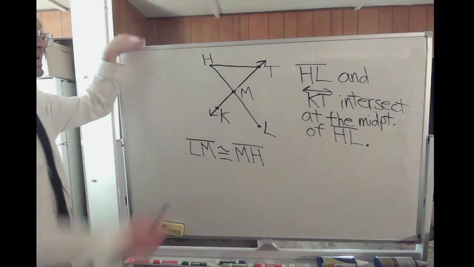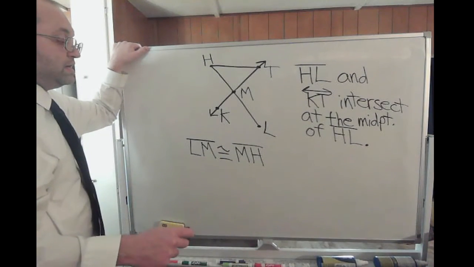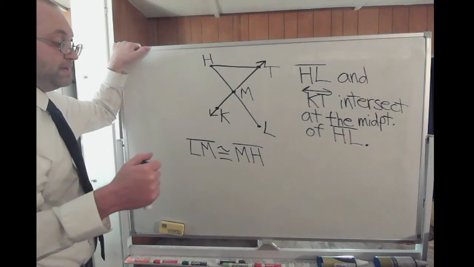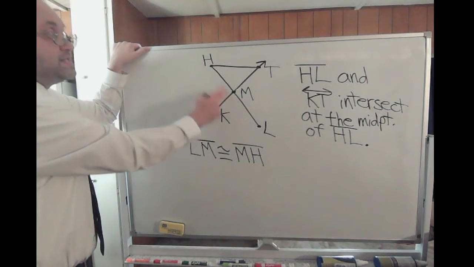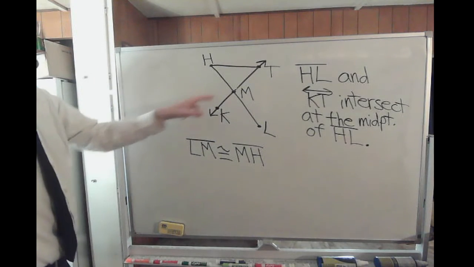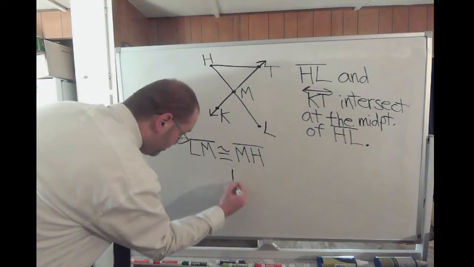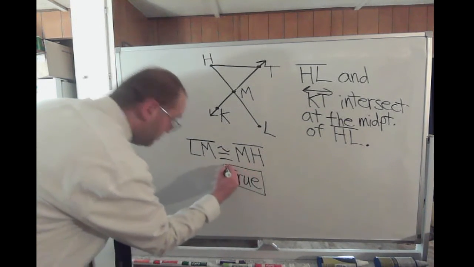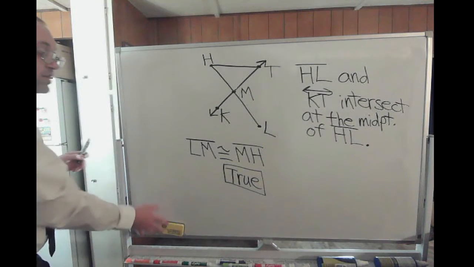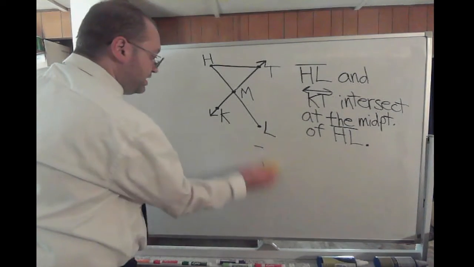That tells you that M is the midpoint of line segment HL. So that means at the midpoint, it divides segment HL into two congruent segments, MH and LM. So yes, this is a true statement. Line segment LM is congruent to line segment MH.